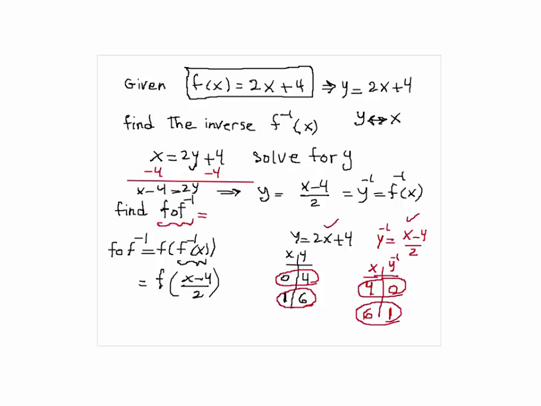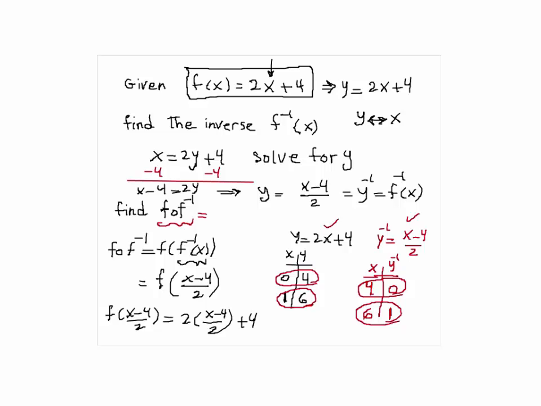F of x minus 4 over 2 is equal to 2 times x minus 4 over 2, plus 4.